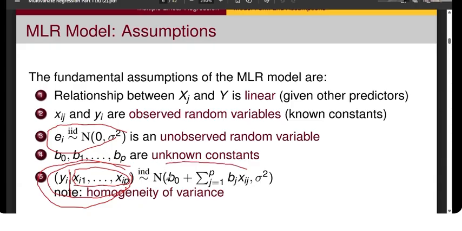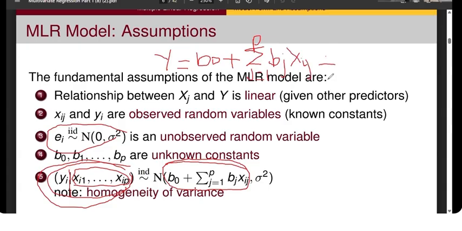Take a look at the mean here. The mean is just the systematic part. Why? What I'm explaining now is very, very critical. The model specification involves both the systematic part and the random part.